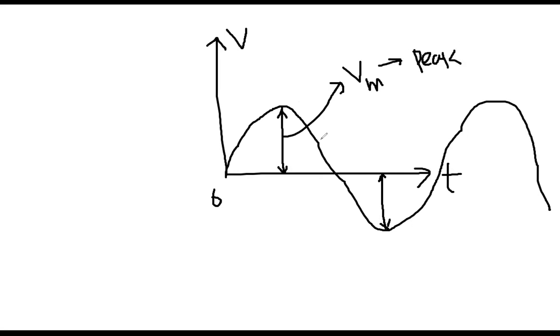You know how to represent this one: VM cosine of omega t. And then assume there is a phase angle, theta. So this is the general expression that you know.